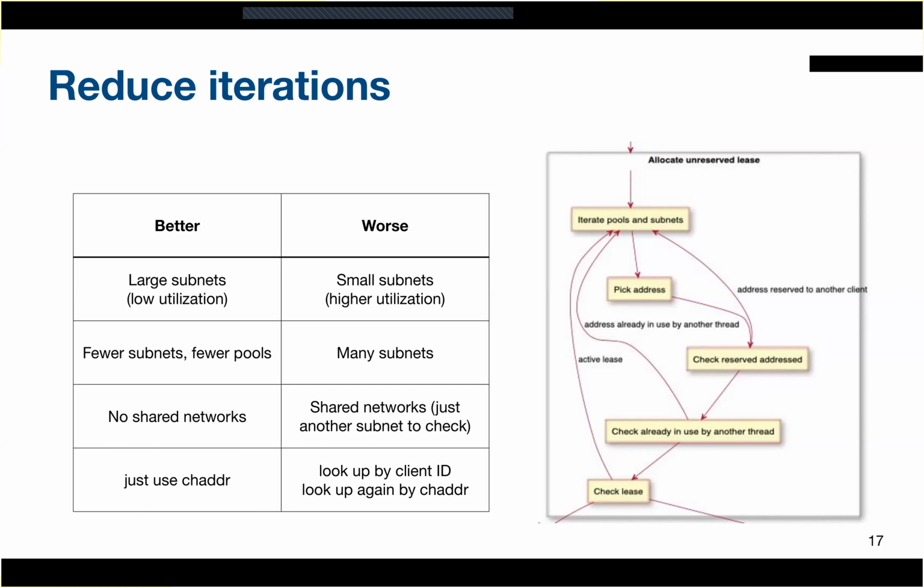In the great majority of cases, this works, although in some cases it doesn't, especially when doing PXE boot. I don't remember the exact details, but there are some cases when you really need the lookup by client ID. If you need this, oh well.